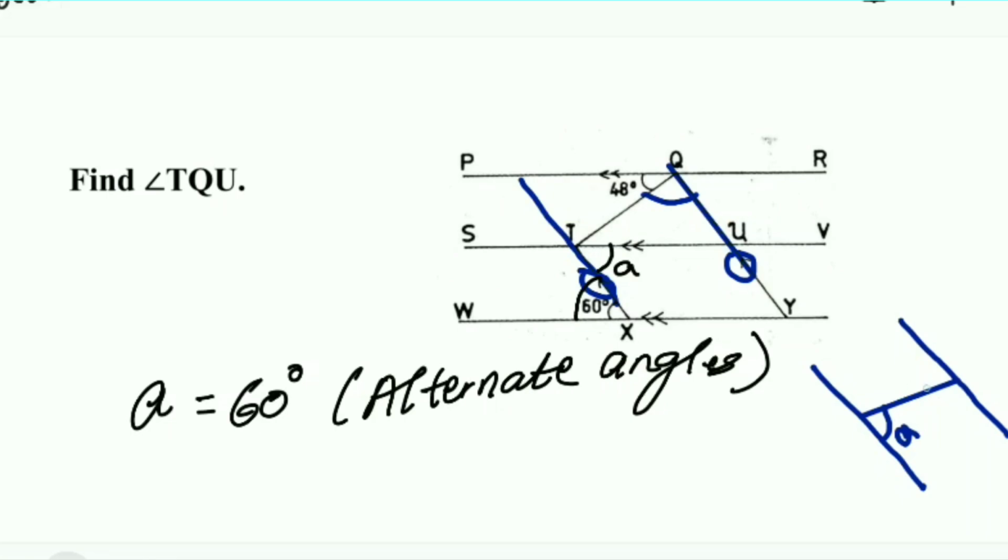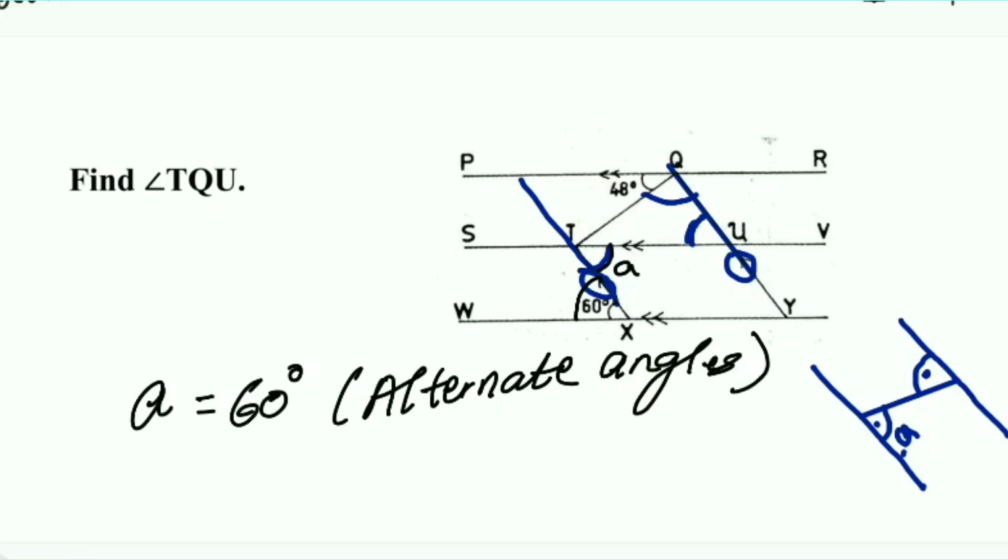There is something common between this angle A and this angle here. They are somehow related. Look at these two. You would notice that there is something common. And what is it? They are alternate angles.